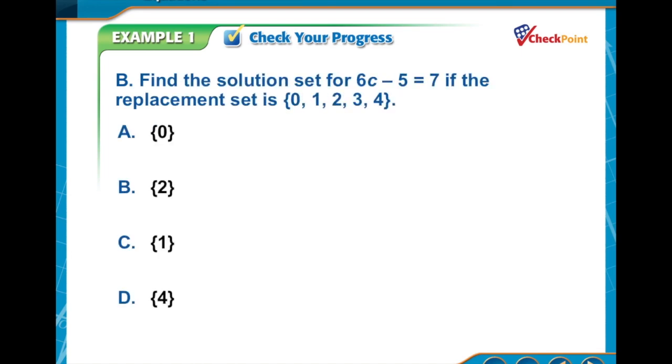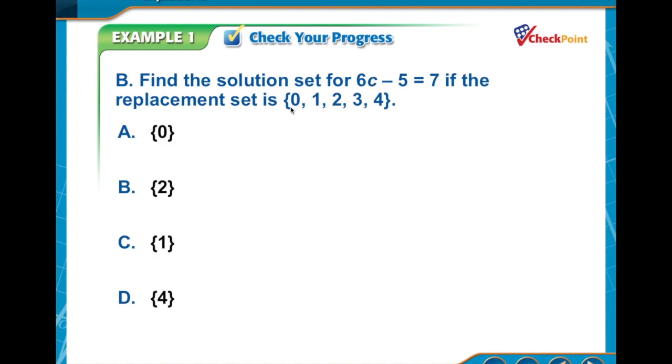So for 1b, we want to find the solution set for this expression here. We've got 1, 2, 3, 4, 5 potential numbers to plug in. We can check those and see which one is true. So quickly, I'll plug these in and do some mental math.